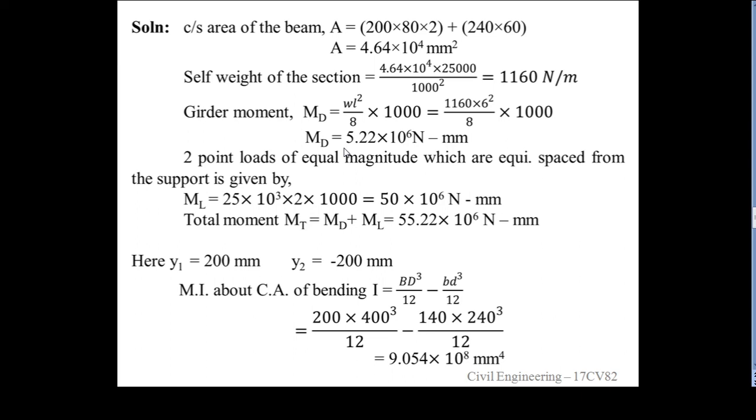Then for 2 point loads of equal magnitude at equal spacing from the support, the live load moment is 25 kilonewton, that is 25 into 10 raised to 3 into 2 into 1000, converted, equal to 50 into 10 raised to 6 Newton mm.